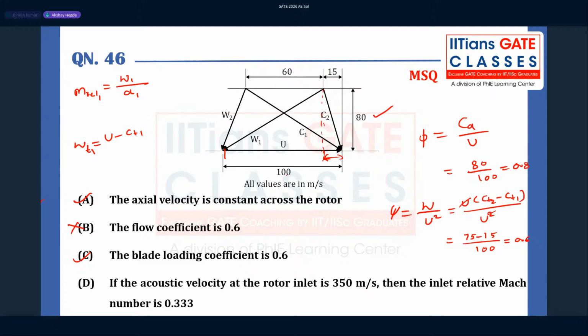So I was just looking at the given velocity triangle. Those velocities look off. You see here C1 and W2, they are not from the same velocity triangle. It should be C1 and W1, and this should be W2 and C2.